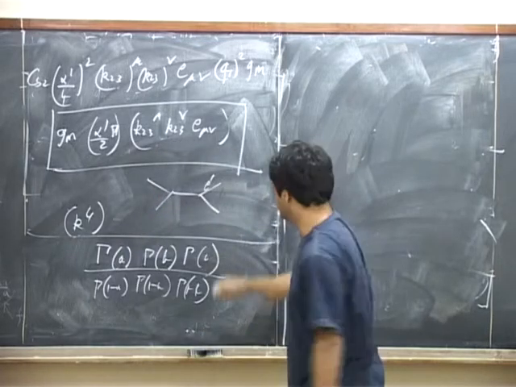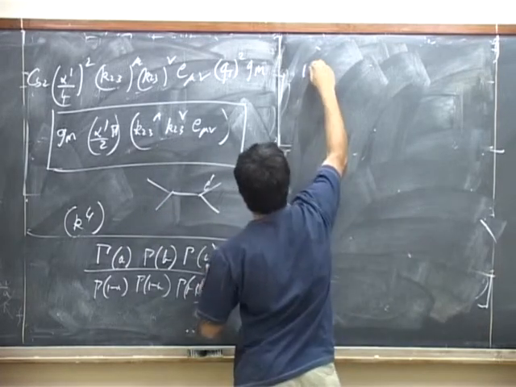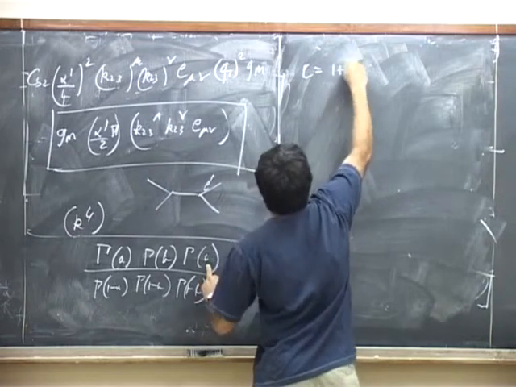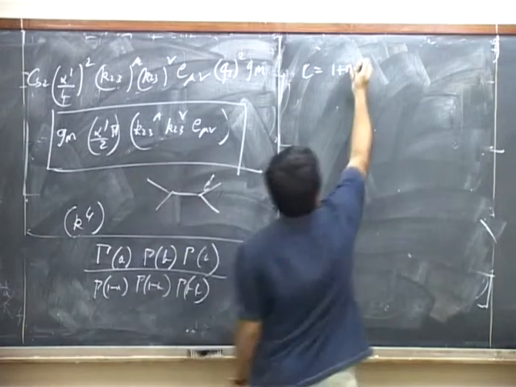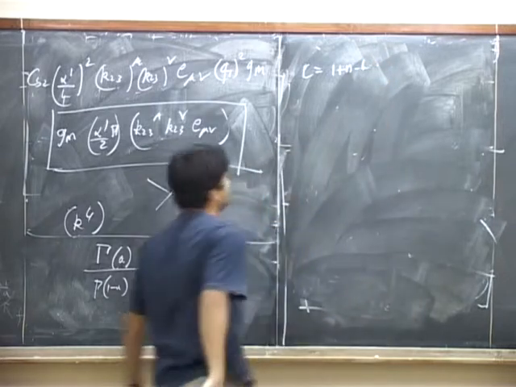So let's say we substitute for c in terms of b. So c will be equal to 1 plus n minus b.